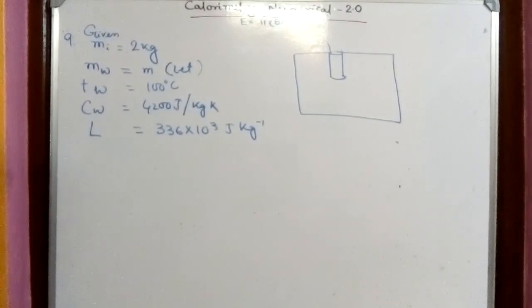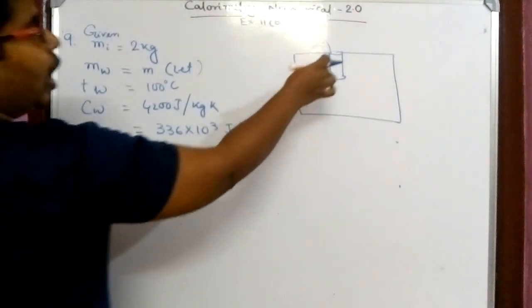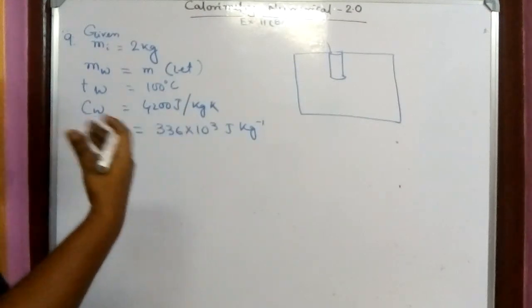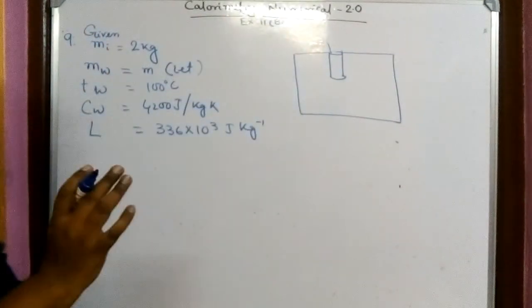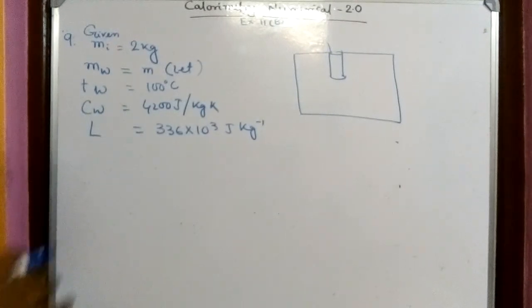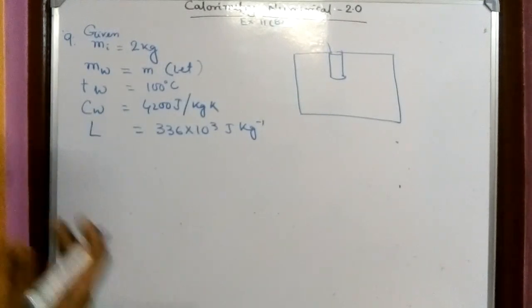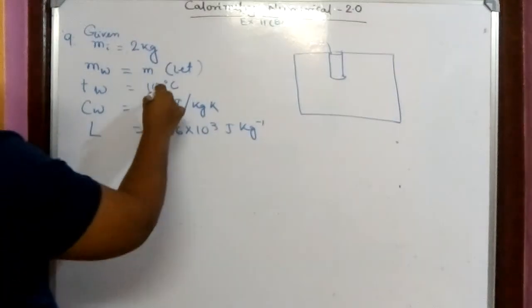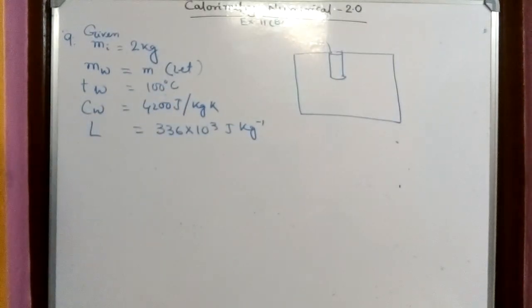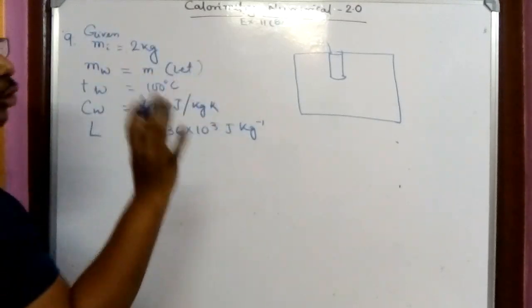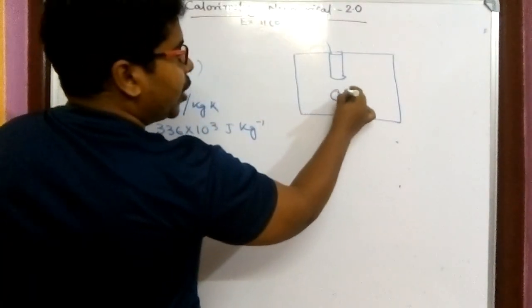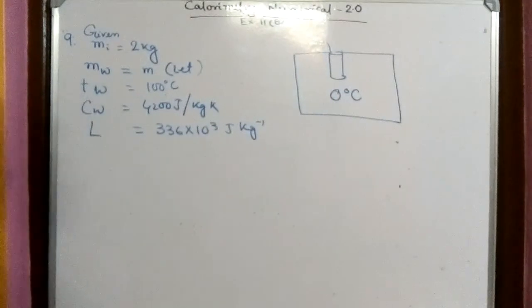Simple story is how much the ice will melt. Try to understand it, whenever you put water here of 100 degrees centigrade, it will go up to that much time until the temperature of water reaches 0 degrees centigrade. Why am I telling this? Because the temperature of the ice cube is not mentioned, so we have to take its temperature as 0 degrees centigrade.